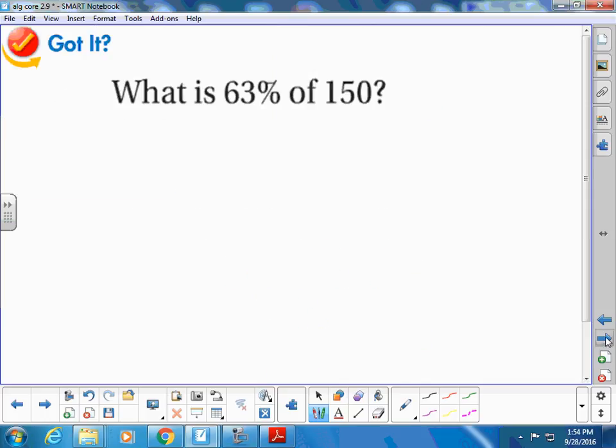What is 63% of 150? I'm going to write it as 0.63 instead of 63%, times 150. So 0.63 times 150 equals 94.5.